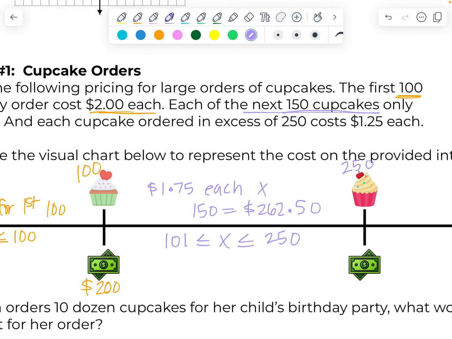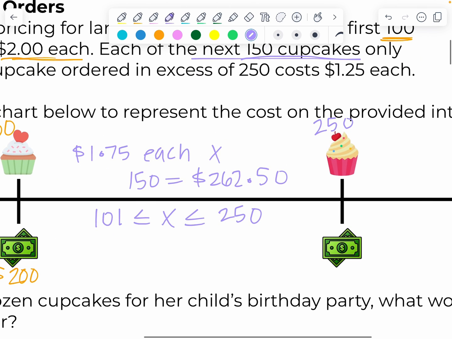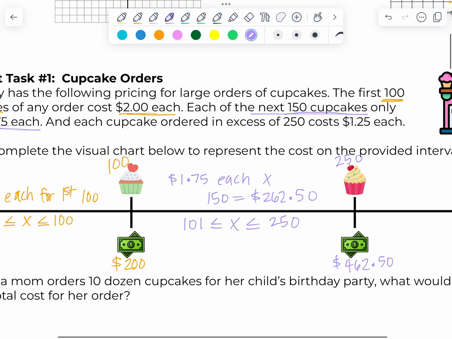So if we add that to the 200 that we paid for the first cupcakes, we're up to a total here of $462.50, because we paid $200 over here for the first 100, and then we paid $262.50 for the next 150. So for the total of 250 cupcakes, we're up to $462.50.